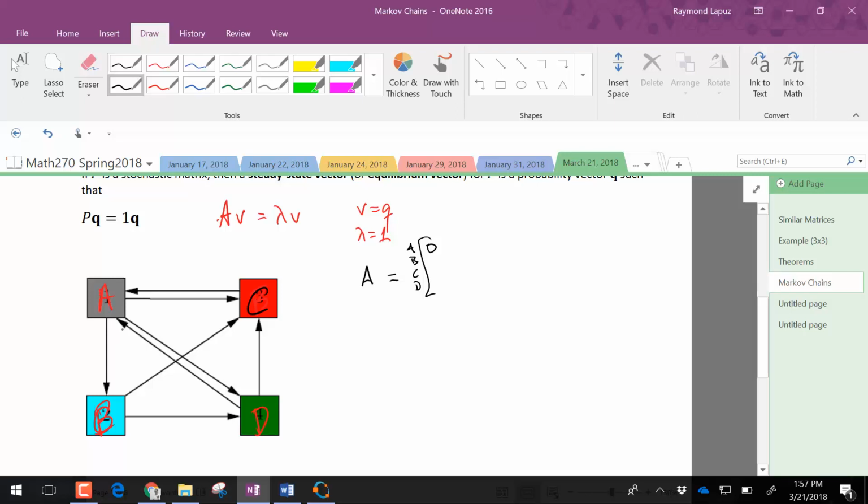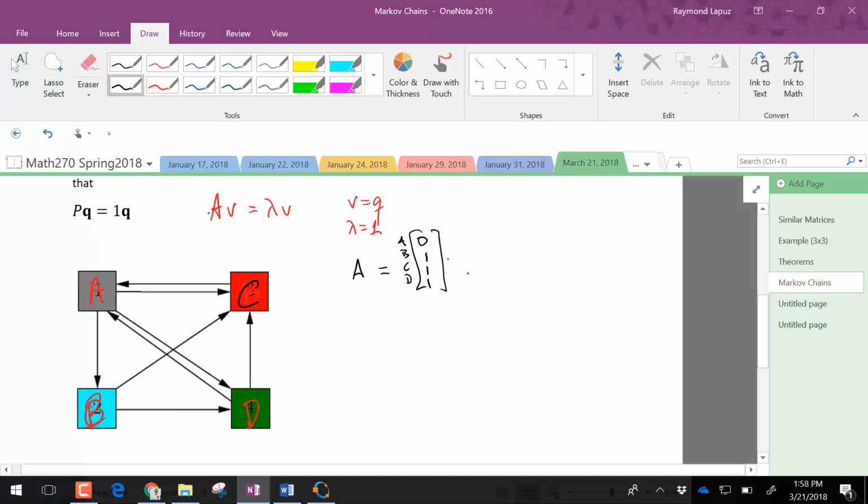Then I link to B once, to C once, and to D once. Is this a probability vector? No, so let's make it into one. Divide by 3, since there are 3 components. So 0, 1/3, 1/3, 1/3. That's my probability vector for A.